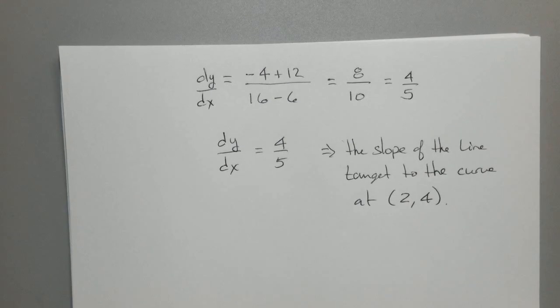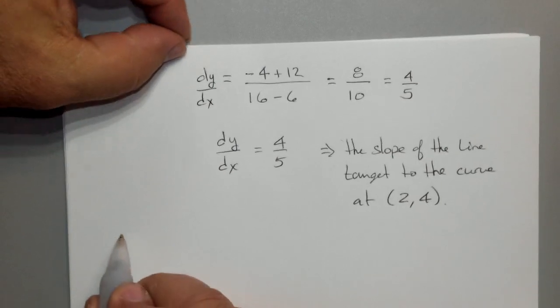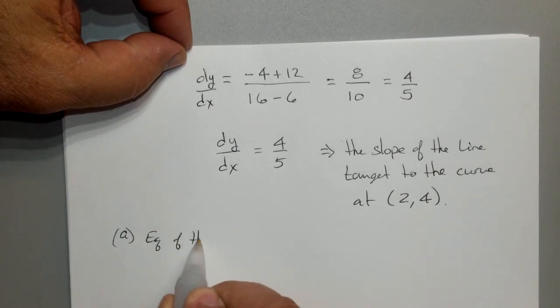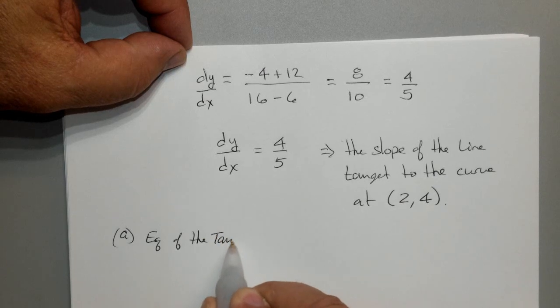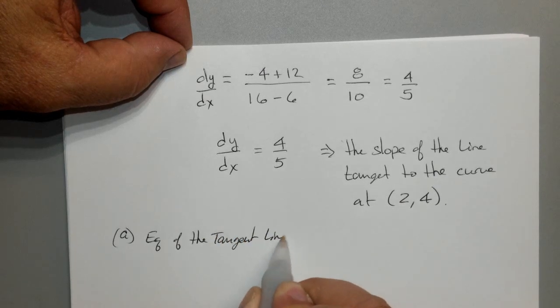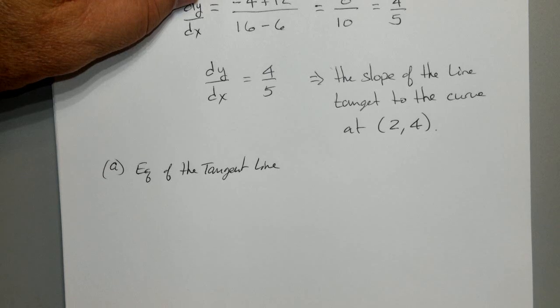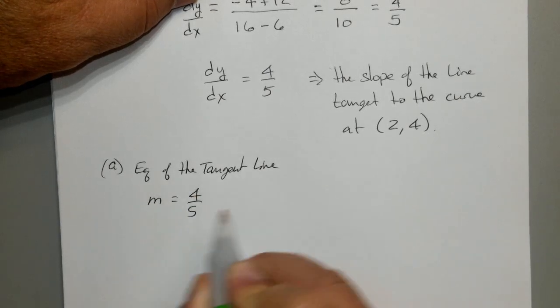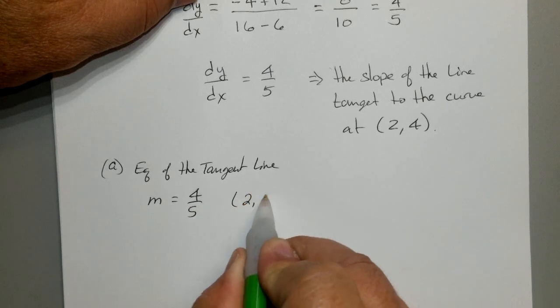Is that all we needed to find? Yes. The first thing we have to find is the equation of the tangent line. We have the slope, which is 4 over 5, and we have a point, which is 2, 4.